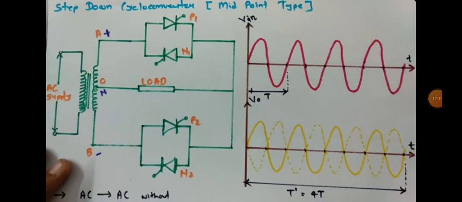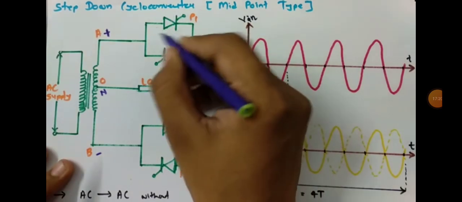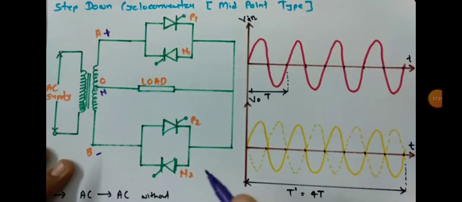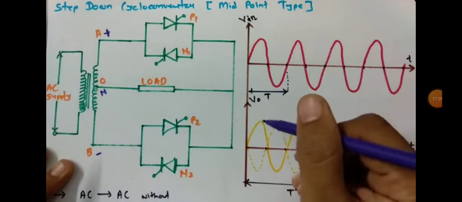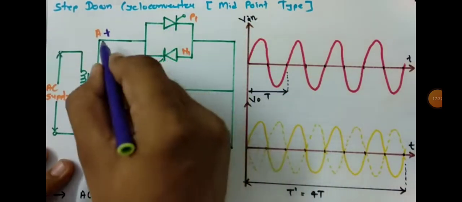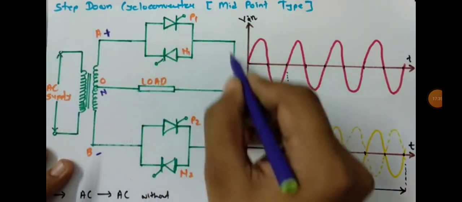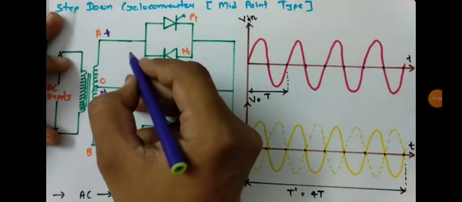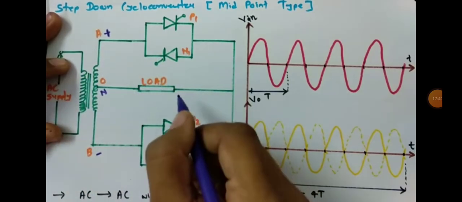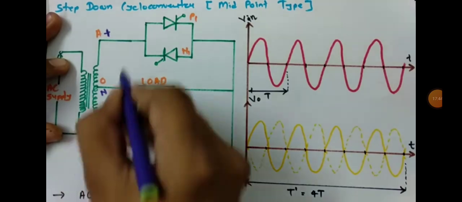During that time period, P1 will come in forward bias and N2 will come in forward bias. If we trigger P1, then current will flow in this loop like this. So at angle alpha, I'll be triggering P1 during the positive half cycle.